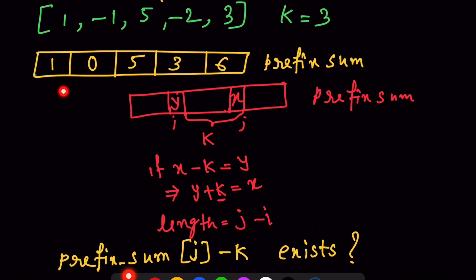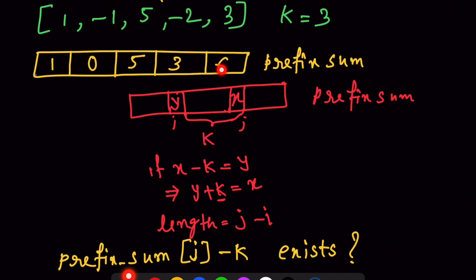So consider this prefix sum here, and also we saw, right, if prefix sum till jth index is x, and prefix sum of i index is y. So at each point, let's say I am at jth index, what I want to achieve, let's say I am at index 4 here, so prefix sum is 6. What do I want to achieve?